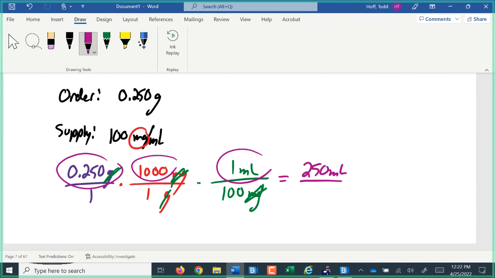What did I get wrong? Oh, per 5 milliliters, sorry. I wrote this down wrong. This is 100 milligrams per 5 milliliters. So that should be 5 milliliters. So when I multiply that out, it is 0.25 times 1,000 times 5 is 1,250 milliliters over 1 times 100. And if you divide that out, you got 12.5 milliliters.